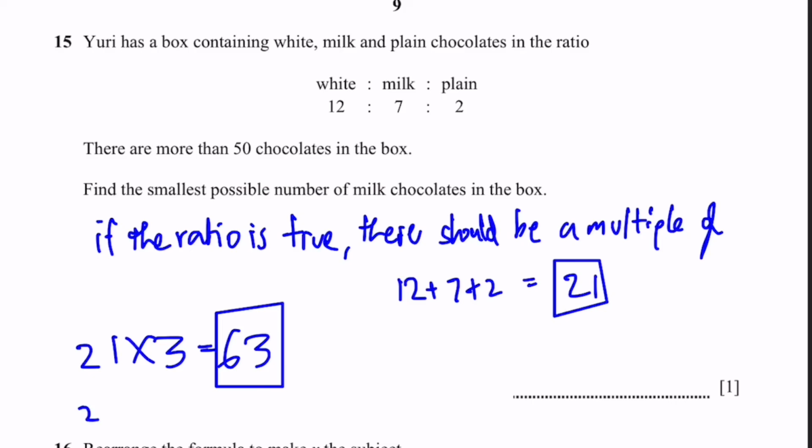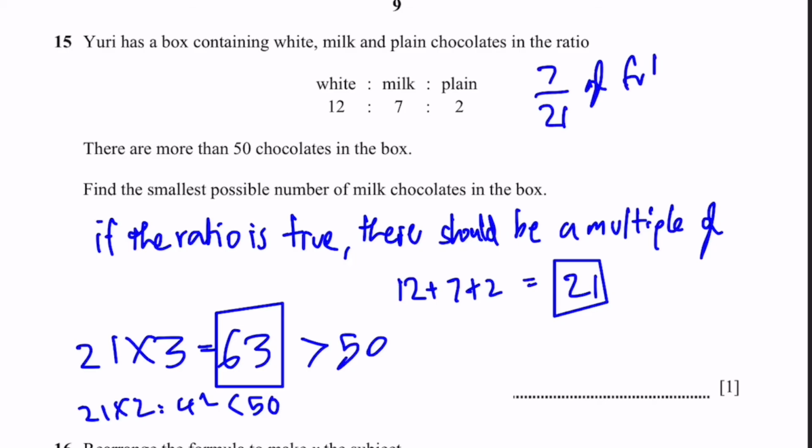Because 21 into 2 equals 42, which is less than 50. This one, 63, is greater than 50, and that will help us to make this ratio true. So out of this, 7 by 21 of the full thing is equal to milk chocolate.